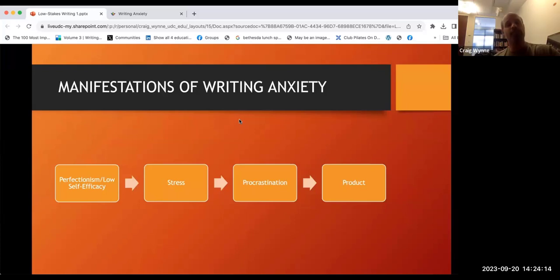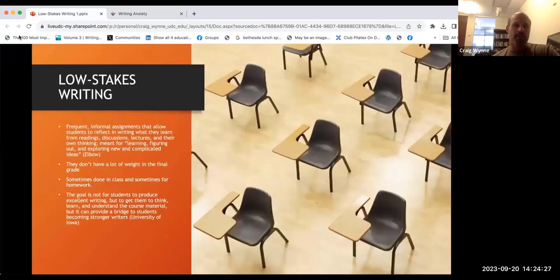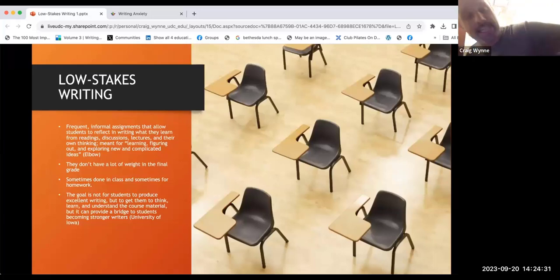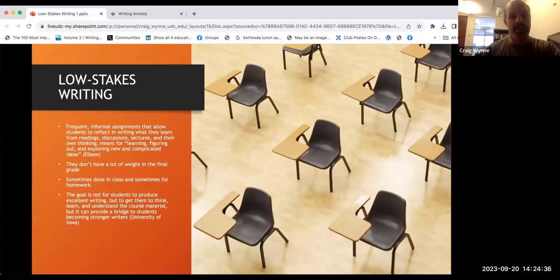So this is how writing anxiety often manifests and leads to products that can be challenging for instructors to navigate. So this is where I want to get into low stakes writing as a tool to help students work through that particular anxiety.